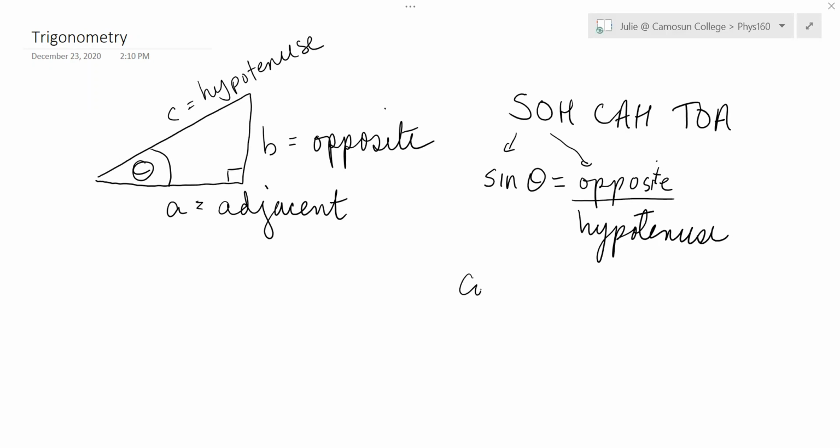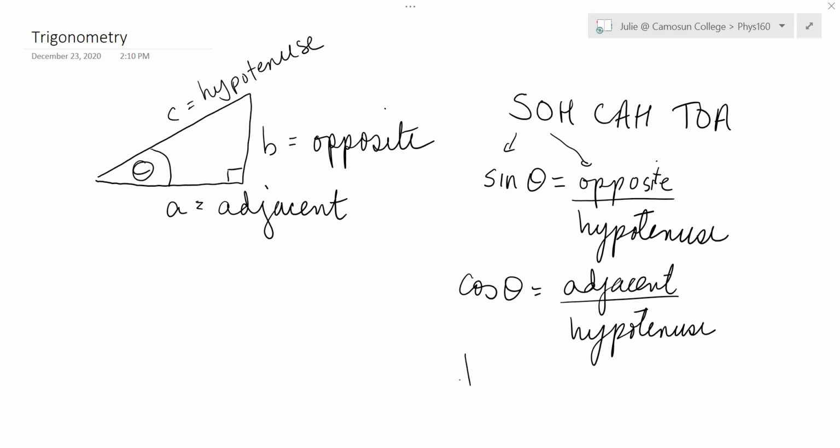The cosine, the A stands for the adjacent side, and the H stands for hypotenuse. And then the tangent is the O stands for opposite, and the A stands for adjacent.